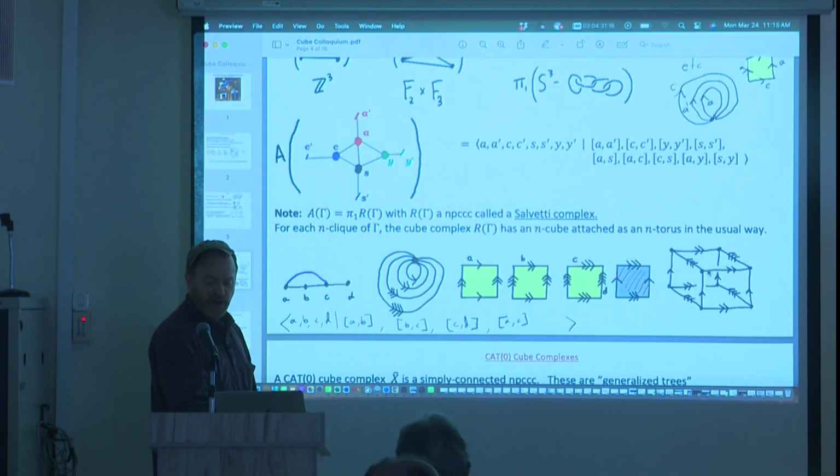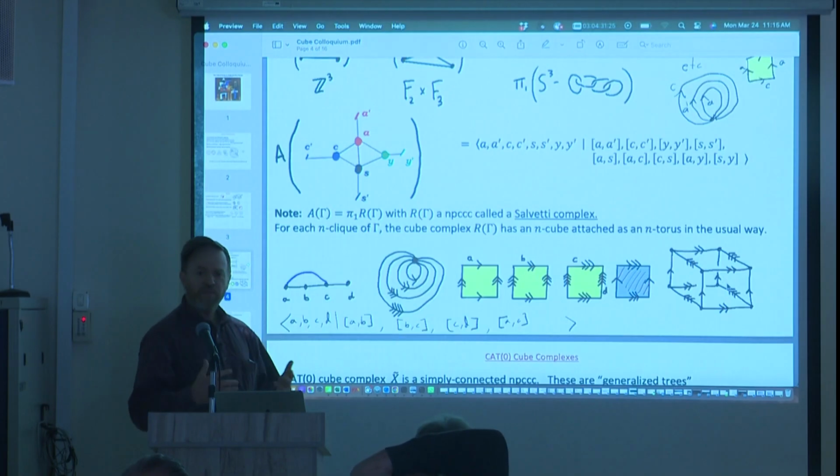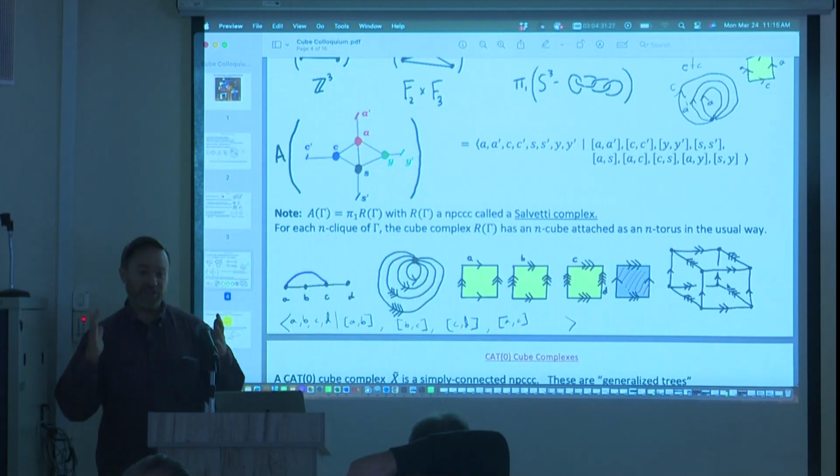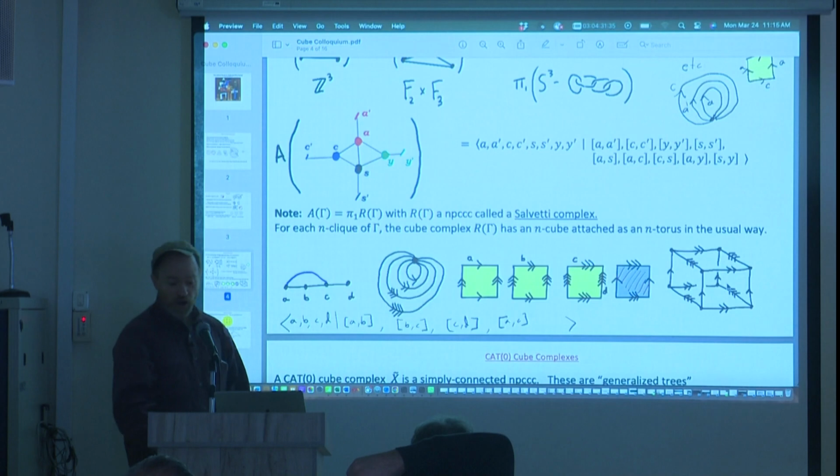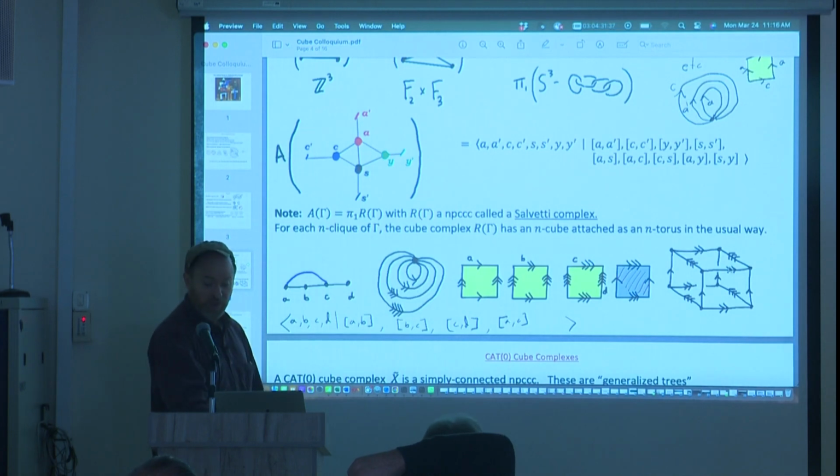I want to add more to it. I'm going to add a 3 cube, and the 3 cube corresponds to these pairwise commuting 3 generators, A, B, and C, right? And it's the most obvious 3-dimensional torus that you know. You take a 3 cube and you identify the top and the bottom, the left and the right, the front and the back, and those correspond, if you label things properly, to squares that are already there, right? And you glue it on.